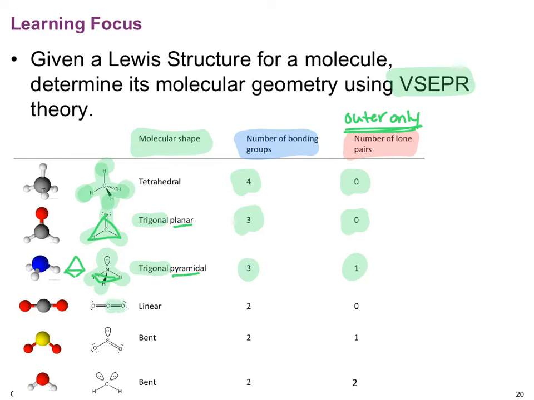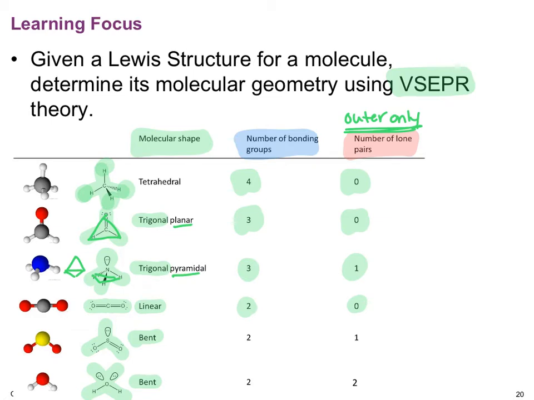If you have 2 bonding groups, to get 2 things as far apart from each other as possible, it's going to be linear. And this is when there are no lone pairs, again, on that middle atom. If you have 2 bonding groups and now you have either 1 or 2 lone pairs on the middle atom, both of these we call bent.